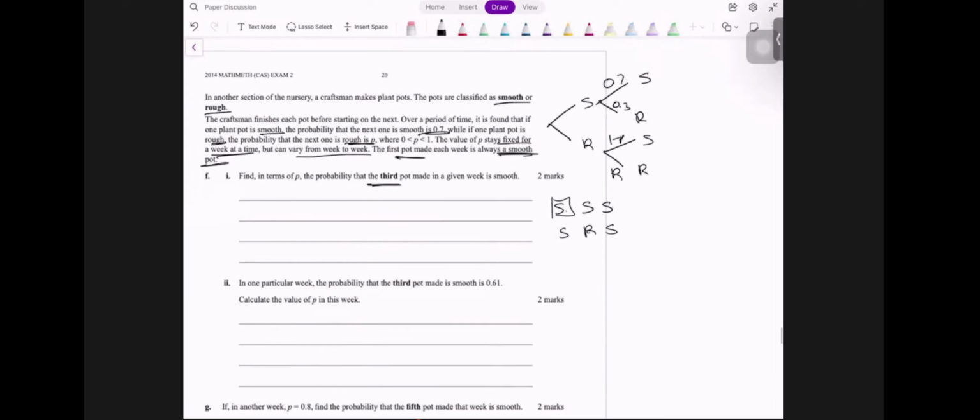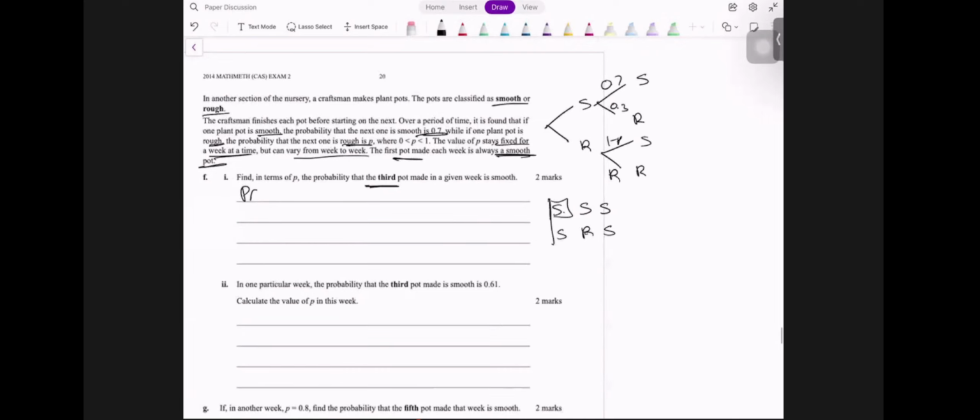So I'll quickly roll that out. So you have smooth. So you have two alternatives. Either the second one is smooth or the second one is rough. So you're already given this, so this doesn't need to be included in the probability. So you're looking at the probability of getting a smooth and then a smooth, or a probability of getting a rough then a smooth. The probability to get smooth and smooth, well, initially is smooth.